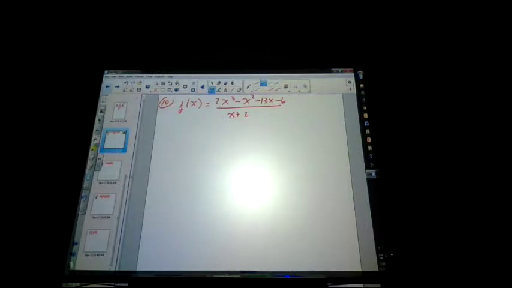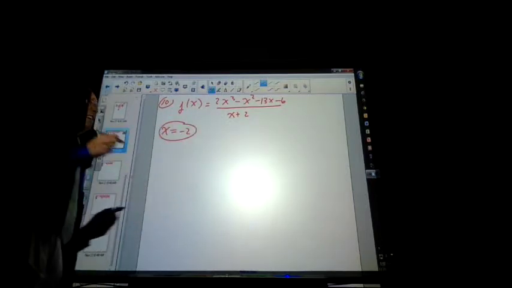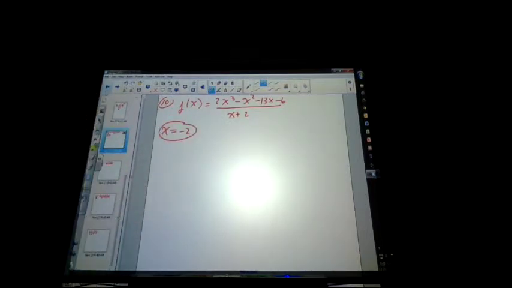What is definitely going to be a value that we cannot plug in? Yeah, we cannot allow x to equal -2. So x cannot equal -2. Now, is that a hole? I don't know if it is or isn't. I would say look at the numerator.